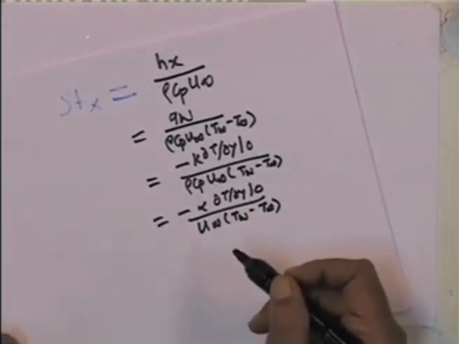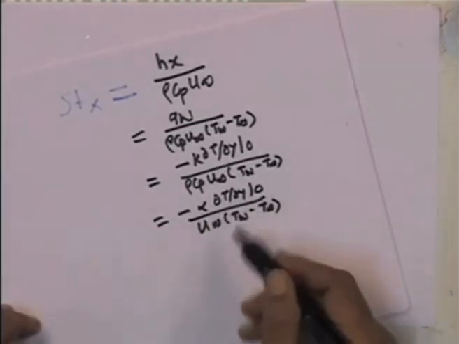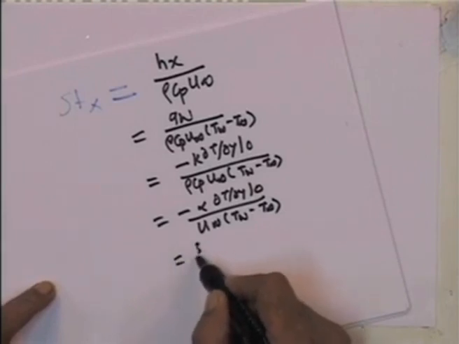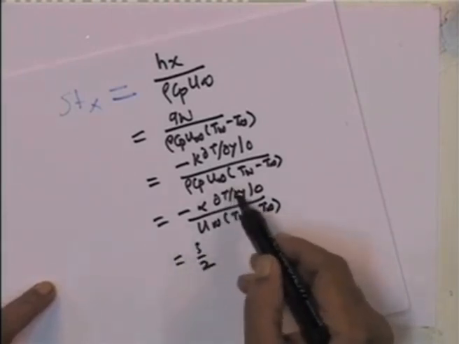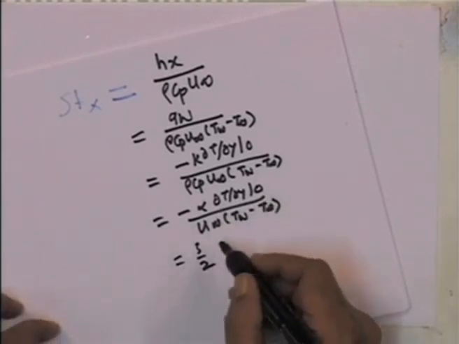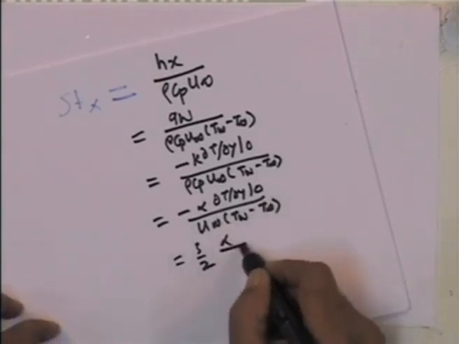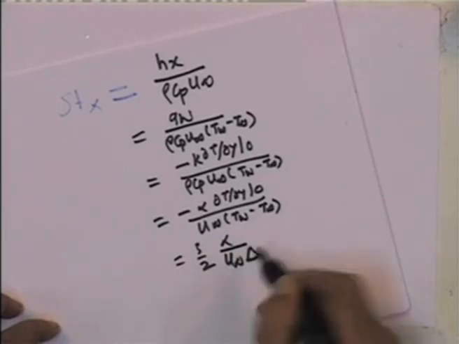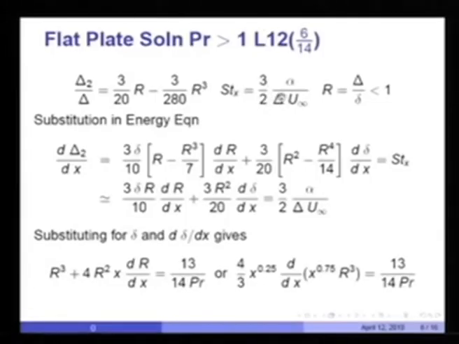Therefore, you will see that this will reduce very simply to 3 by 2, because we have the temperature profile, and therefore we can evaluate that as 3 by 2 alpha over u infinity into delta t. This is the evaluation of Stanton x, the right hand side of the energy equation, and r here is delta t by delta.